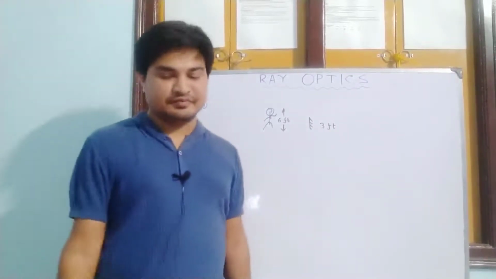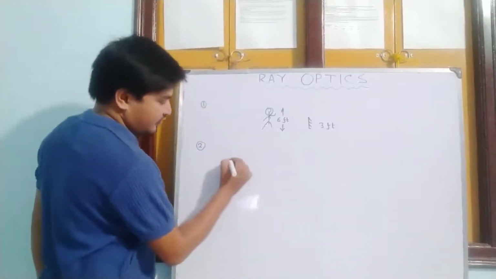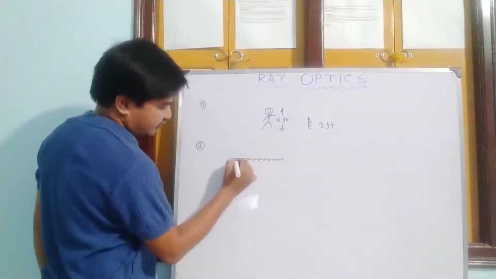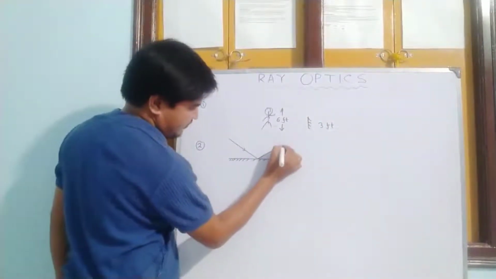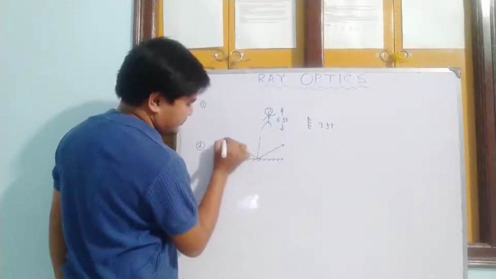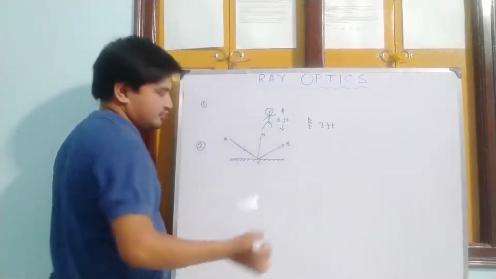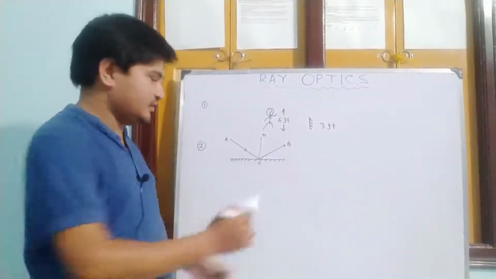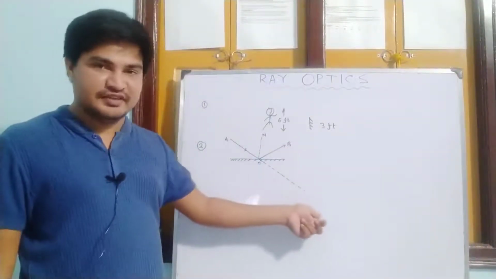In the second case, in absence of this reflecting surface, the ray will travel in this direction.